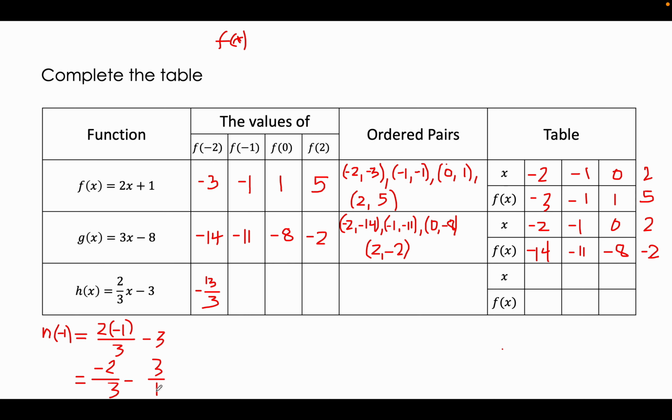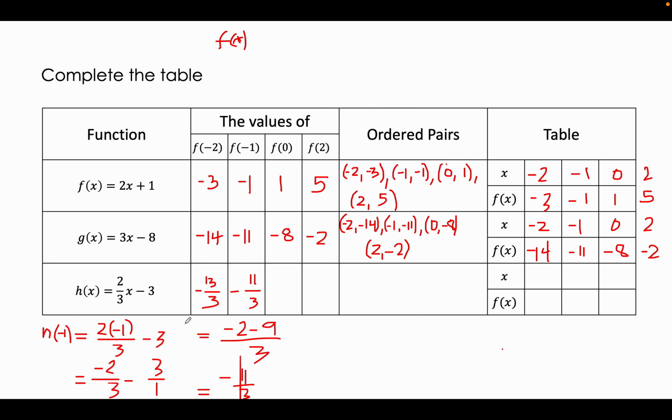Cross multiply lang natin. 1 times negative 2 is negative 2. Then, 3 times negative 3, negative 9. So, minus 9. All over 3 times 1, 3. Then, negative 2 minus 9 is negative 11 over 3. So, we have negative 11 over 3. Sulat natin yung negative sa gitna ng fraction bar.